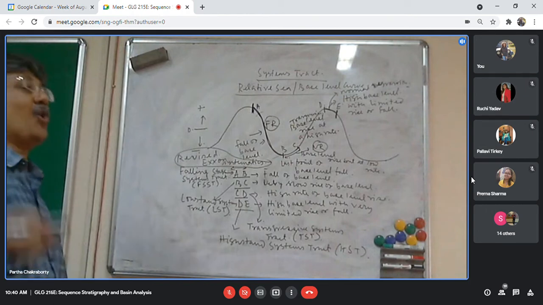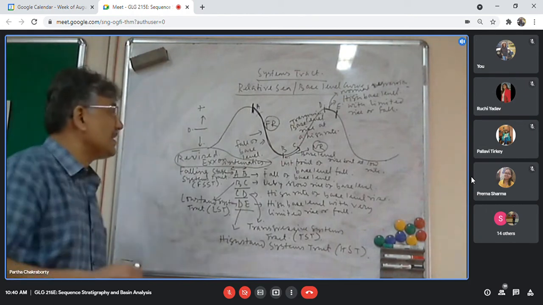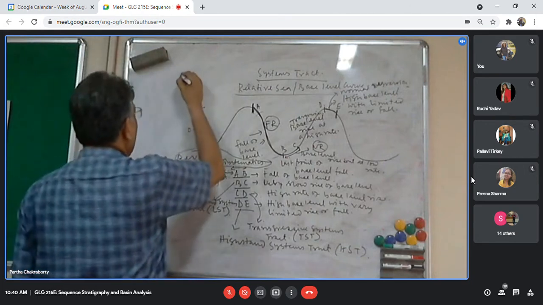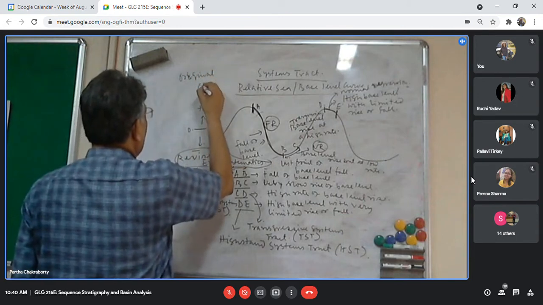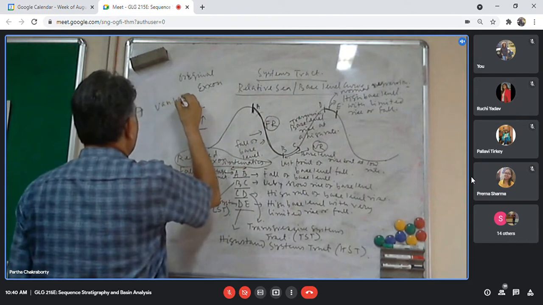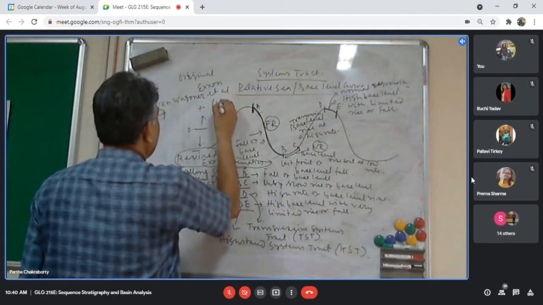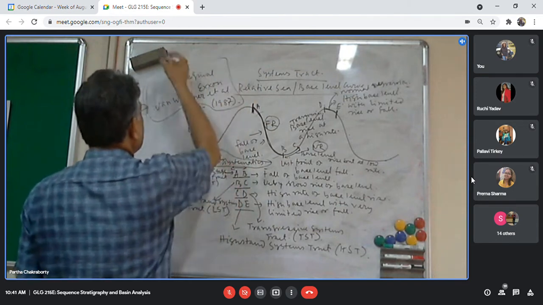Now, what was the original Exxon systematics? This is called revised Exxon systematics. What was the original? Original Exxon proposal, which was proposed by Van Wagoner et al. 1987, originally when the sequence stratigraphy concept was proposed.